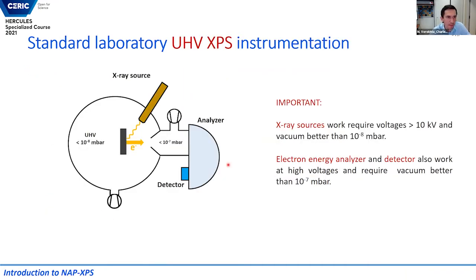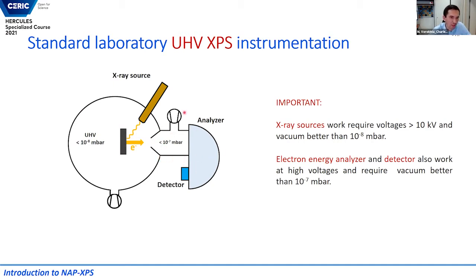So just before we go to NAP-XPS instrumentation, I would like to remind you what standard UHV XPS looks like, as shown here. You have some UHV chamber, an ultra high vacuum chamber with low pressure inside. You put the sample, there is an X-ray source. It can also be just a tube coming from a synchrotron, that irradiates your sample. Then you have the electron analyzer.